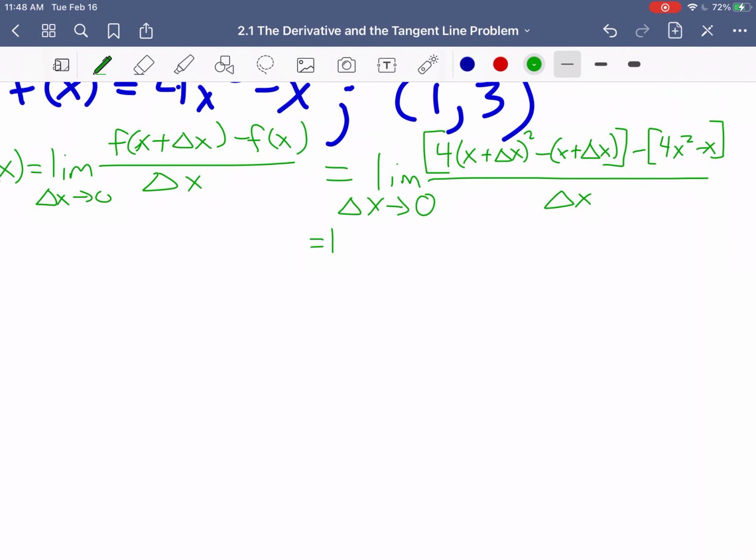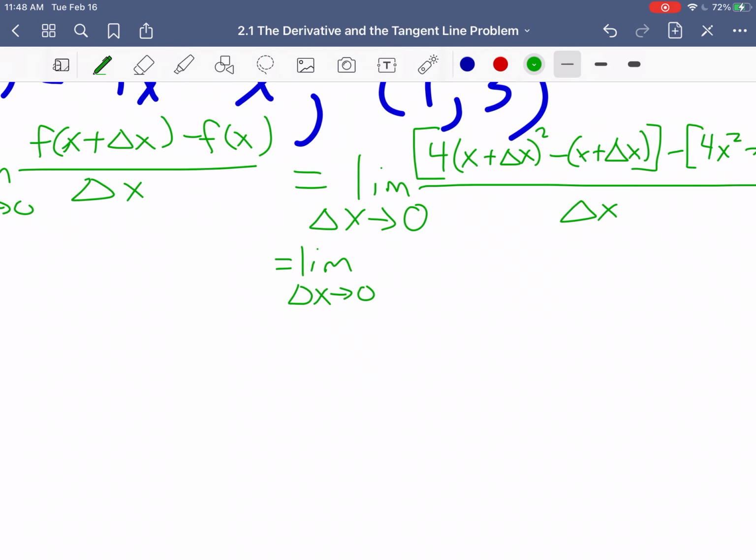We'll do some algebra to clean it up. So we have a limit as delta x approaches 0. If we FOIL stuff out and distribute things on top, we have 4x squared plus 8x delta x, plus 4 delta x squared.